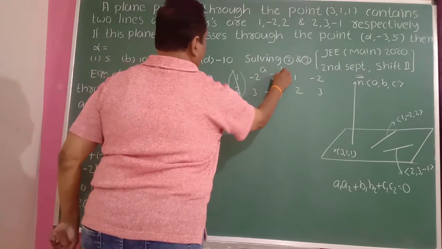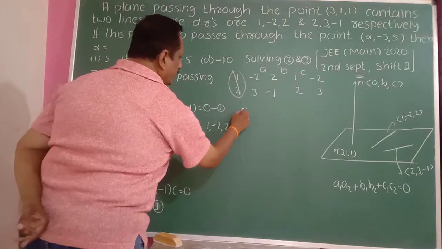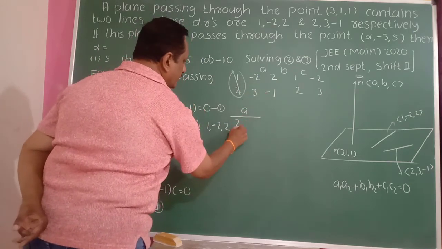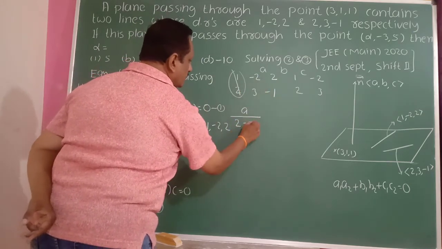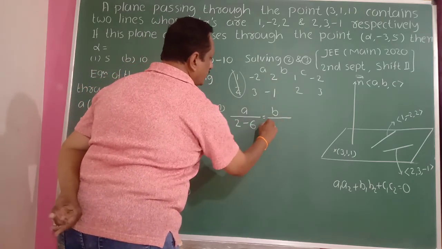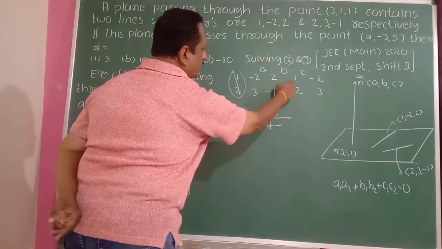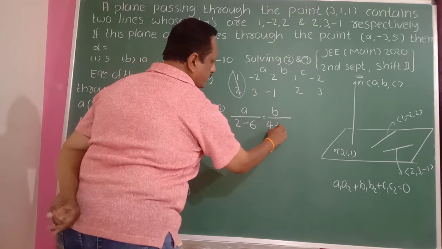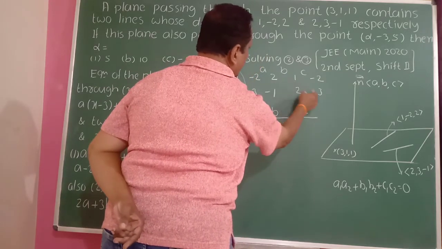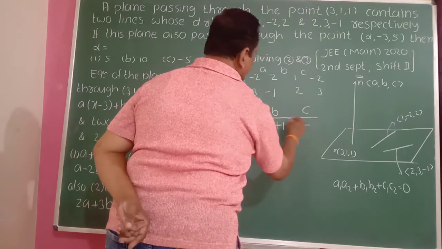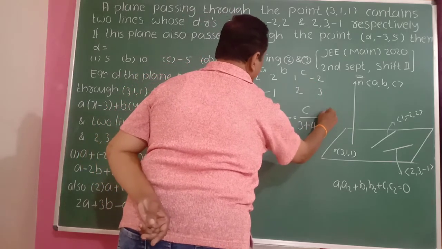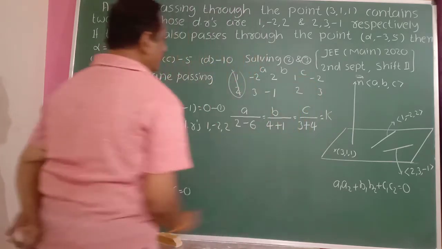Take here A, B and C. Therefore A divided by minus 2 into minus 1 becomes plus 2, minus 3 2s are 6, is equal to B divided by 2 2s are 4, minus of 1 into minus 1 is minus 1, minus minus plus 1, is equal to C divided by 1 into 3 becomes 3, minus 2 2s are 4, minus 4, minus minus plus 4, is equal to some constant K.